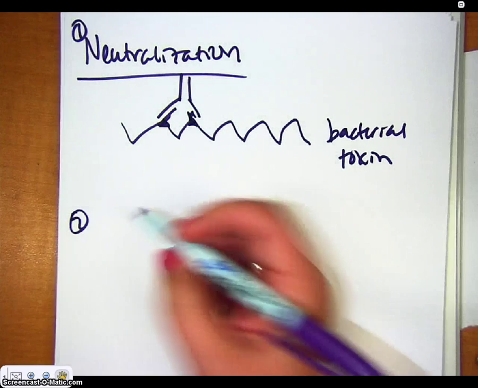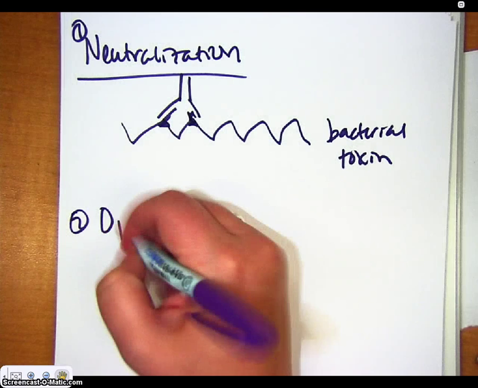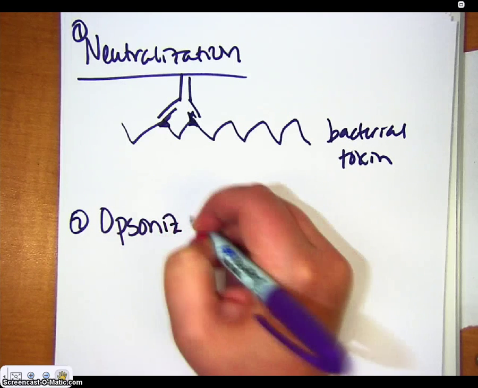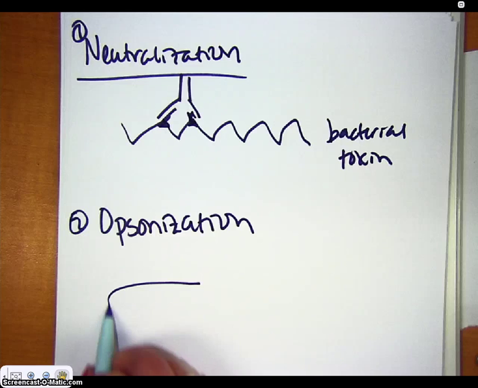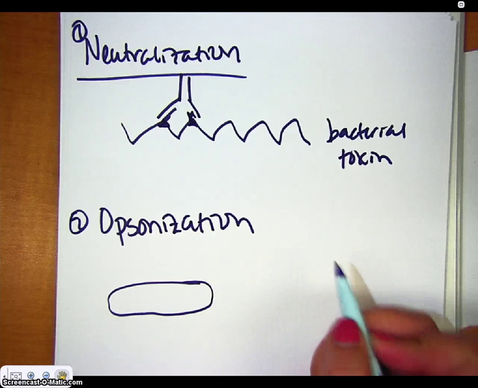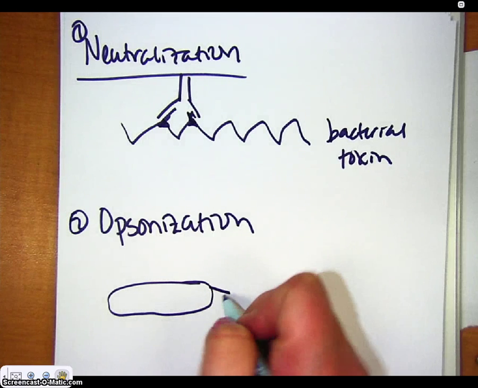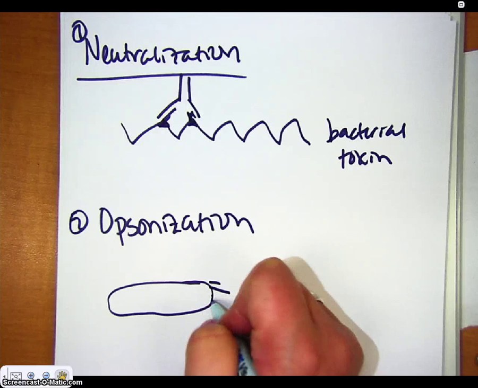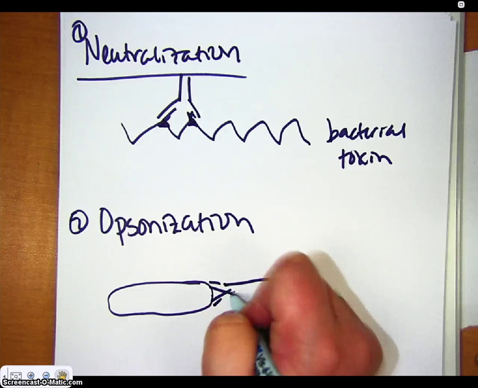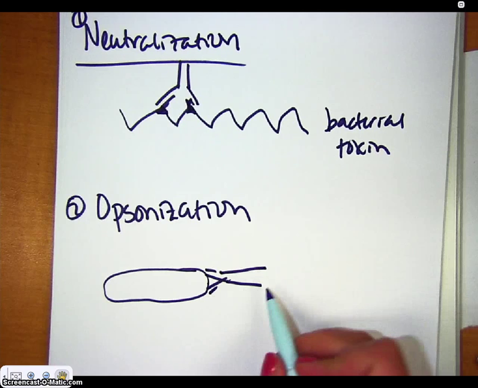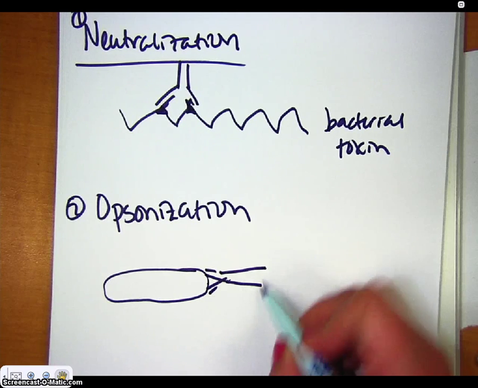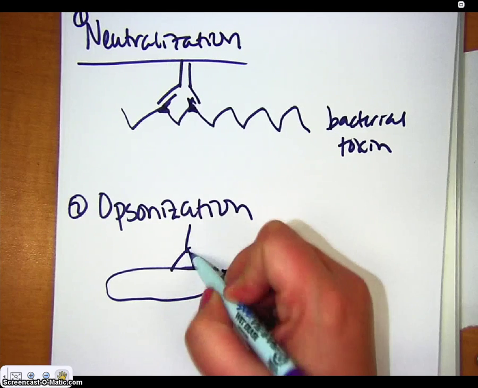The second is opsonization. So let's say that we have an E. coli here, or bacterial cell, and we have an antibody that is attached to the outside of it. Sorry, I keep drawing them different. So when you have the antibody attached to it, let's draw one again.